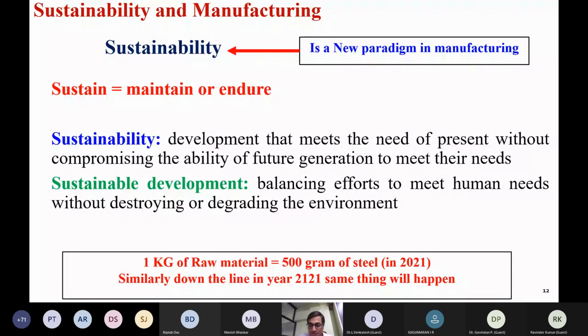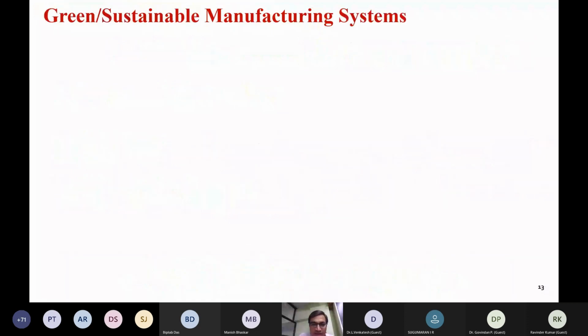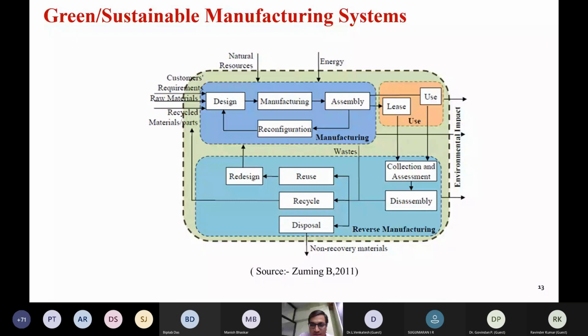Then after having discussed this, moving to the next, green and sustainable manufacturing system. As I represented the conventional manufacturing, here this picture depicts the process of green or sustainable manufacturing. Earlier you might have seen this; here only this is sustainable manufacturing. Now, which kinds of things are added in green manufacturing?